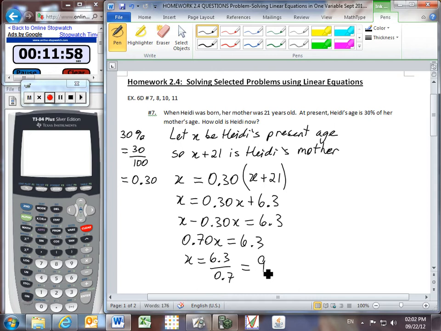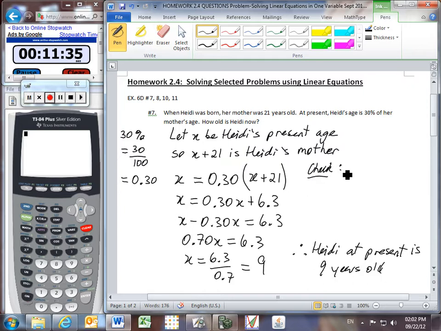So that must mean then that Heidi at present is 9 years old. And that of course must mean that her mother, who was 21 years old at her birth, is 30, but the problem doesn't ask us for that.